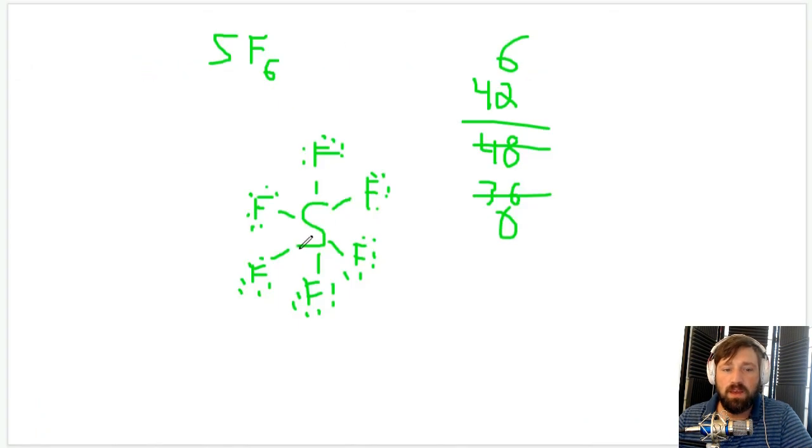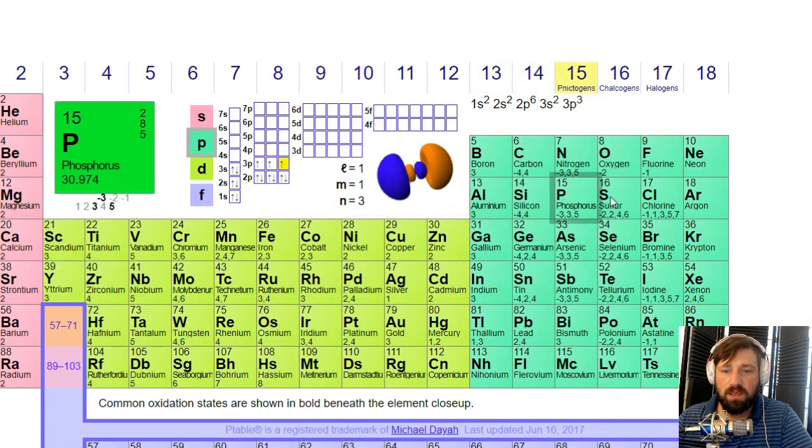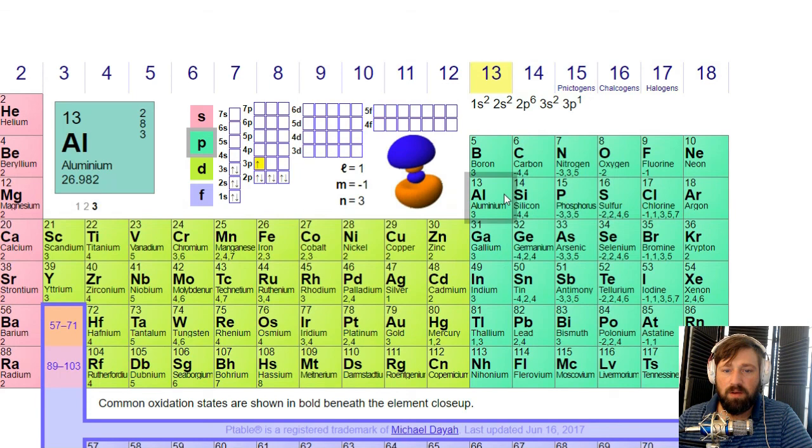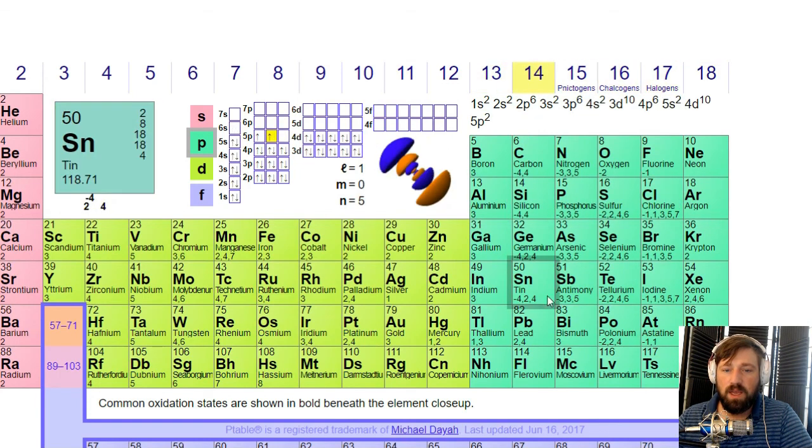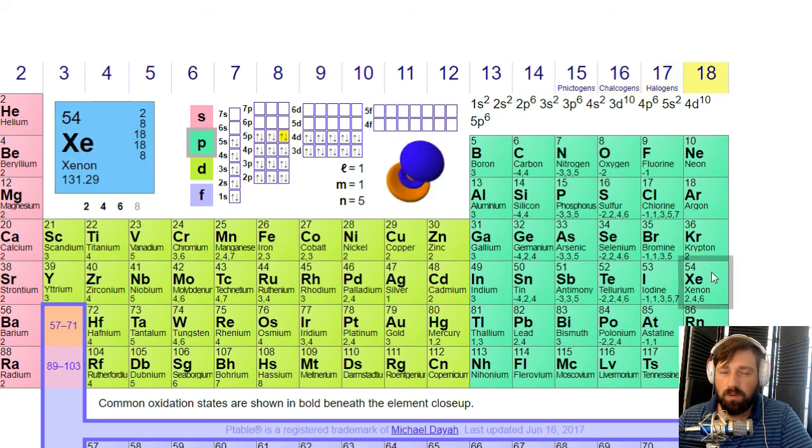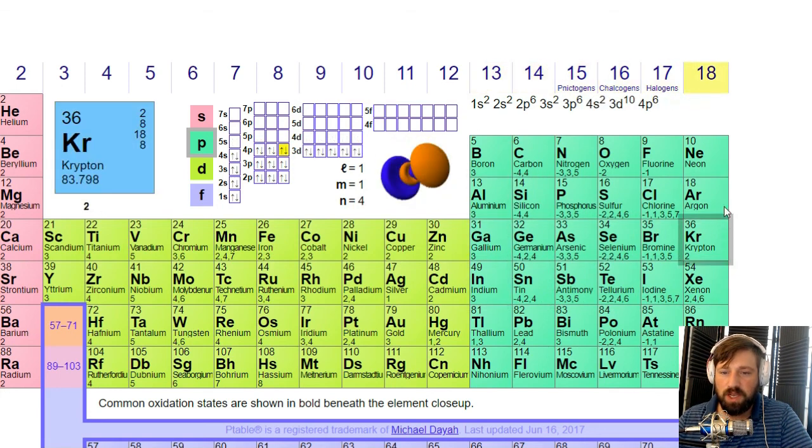So if you ever see a central atom that is in the 3rd period or lower, especially the nonmetals, then start thinking, ooh, maybe there's going to be some d orbital shenanigans going on.